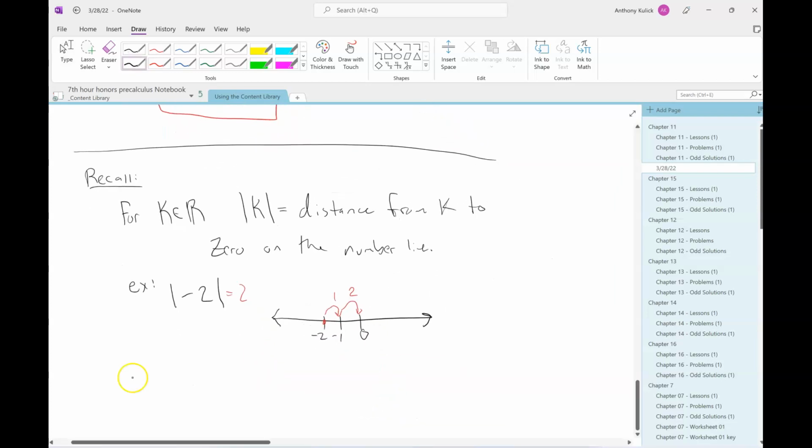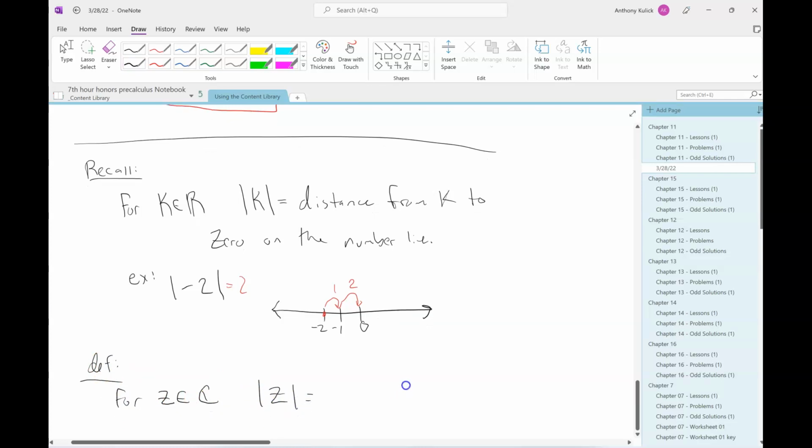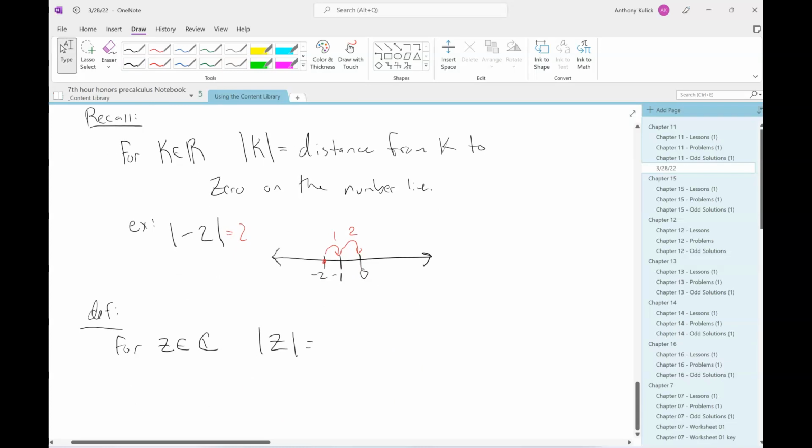What if we have some complex number? What does the absolute value of a complex number have to be? So a distance from that complex number to what, on the what?